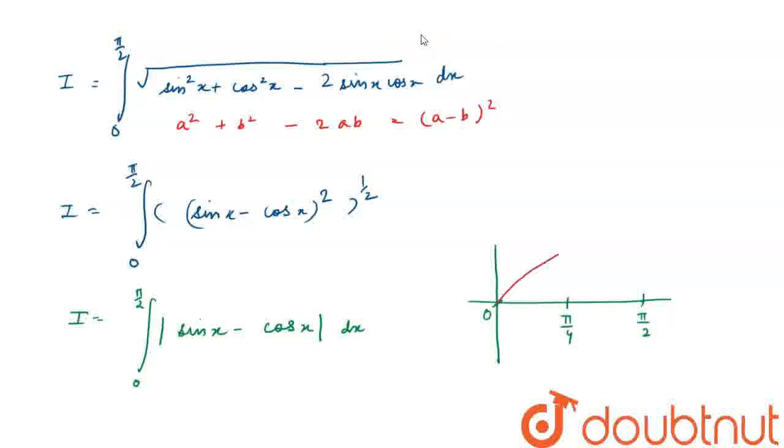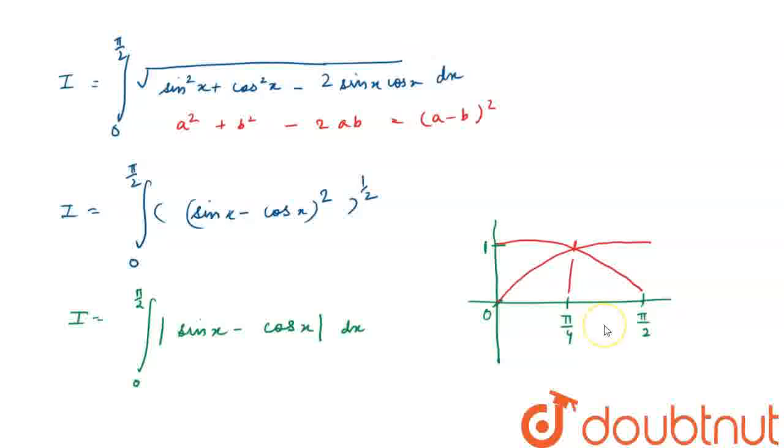And pi by 4 is the intersection of these two graphs.